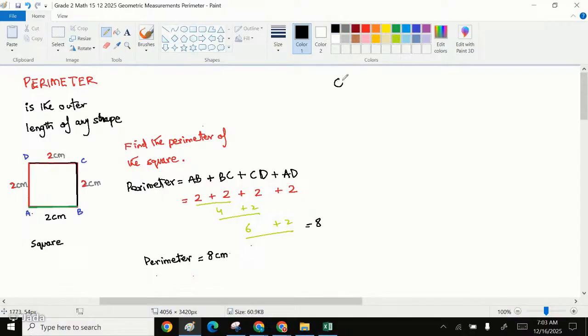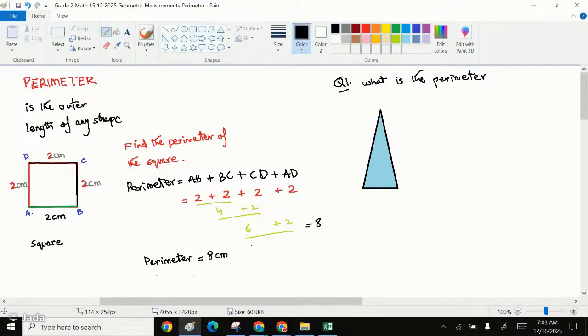The question number 1 says, what is the perimeter of the given shape? And the given shape is a triangle. Let's make a triangle. If this triangle is given to us and they say, find the perimeter of this triangle.